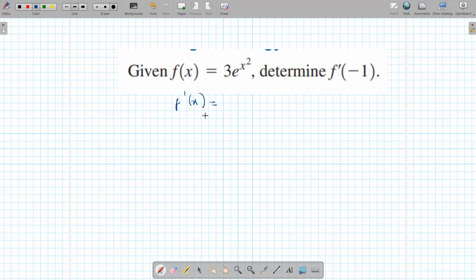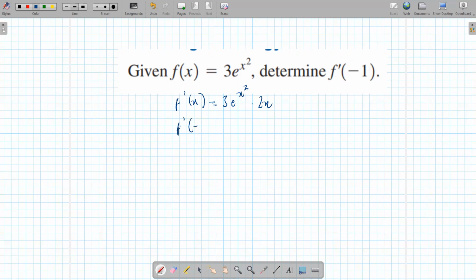You're gonna completely rewrite it, and then you're gonna multiply it by the derivative of the power. So it's gonna be 3e to the x squared. 3 is a constant, right? It's not a different function. You don't need to use the product rule. Product rule is only when you have something times something, two different functions. Times 2x. And it says find f prime of -1.